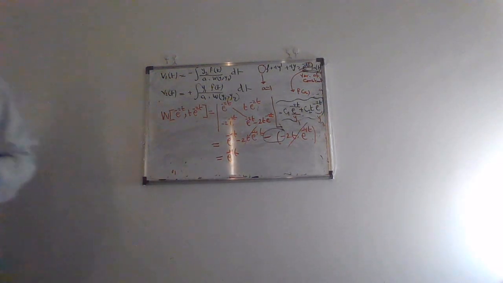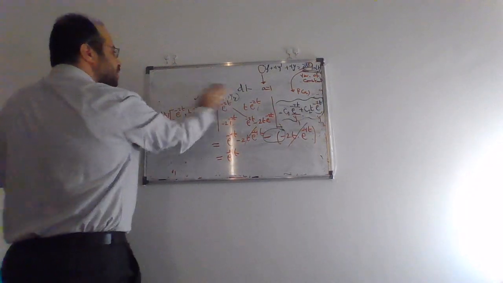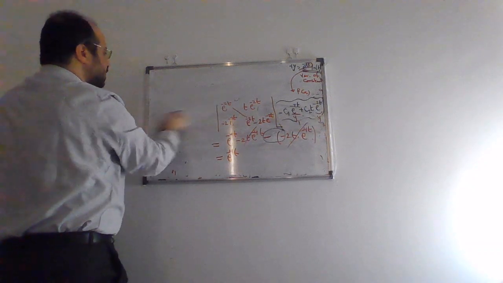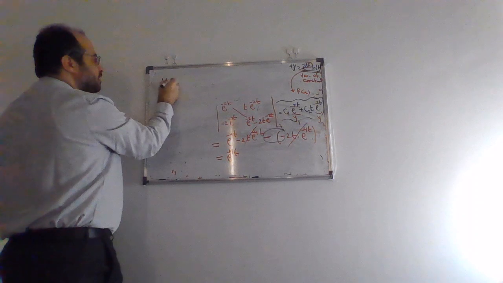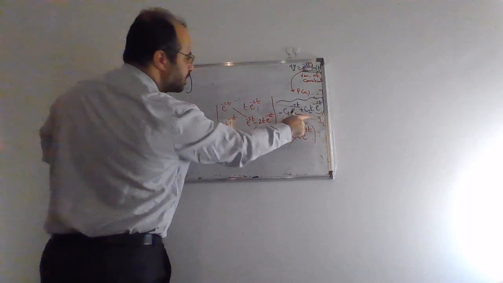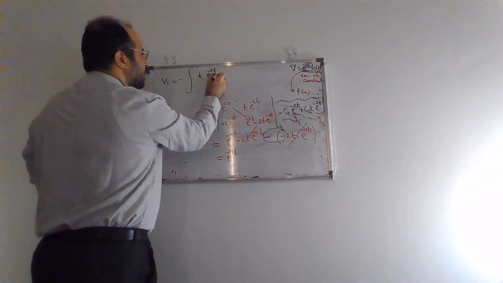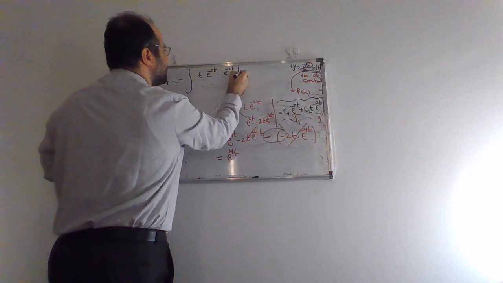Here I have to go now with the rule. In the rule I have everything that I need, so I can calculate v1 very easily. It is minus y2, which was t e^(-2t), and f of t is e^(-2t) ln t, right?